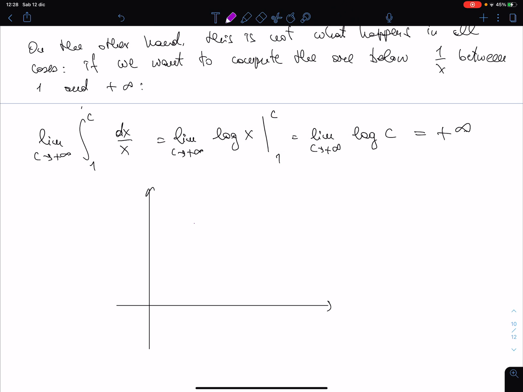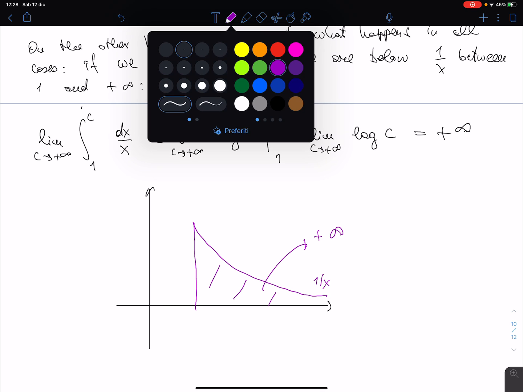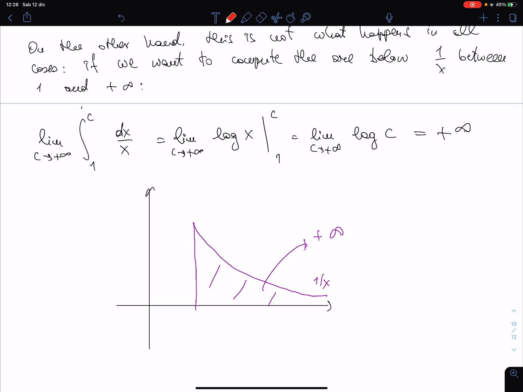So in this case, this is the hyperbola 1 over x, and this area is plus infinity. Here we have the hyperbola 1 over x squared. Start from here, the same. And this area is 1. That's amazing.